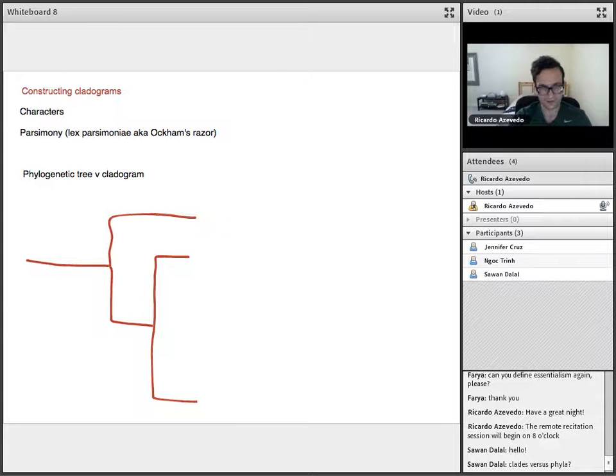All right, so this is a phylogenetic tree, or a cladogram, actually. So a cladogram simply shows the relationship between different taxa. So again, the term is usually used taxon, which plural becomes taxa.